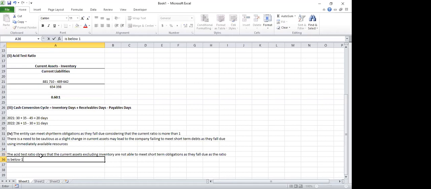So we're saying if debts fall due now, we might not be able to pay them because we don't have the short-term financial means to do that.